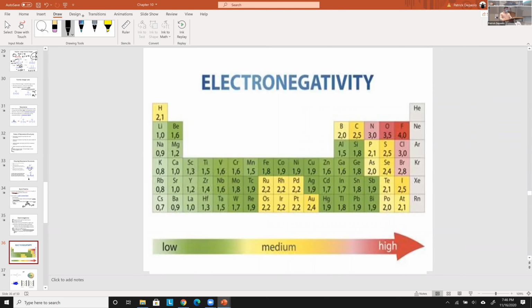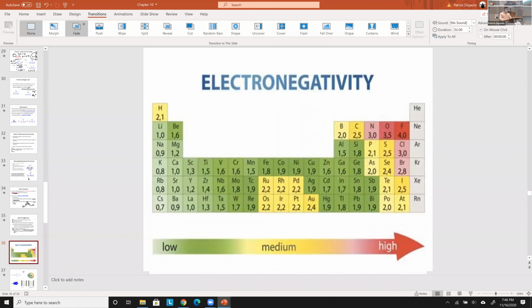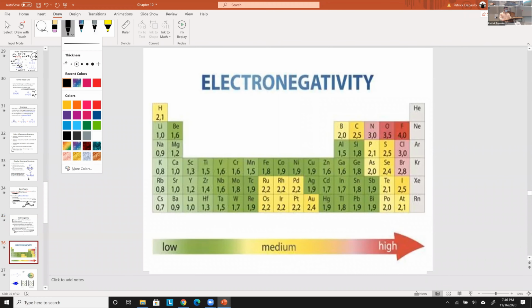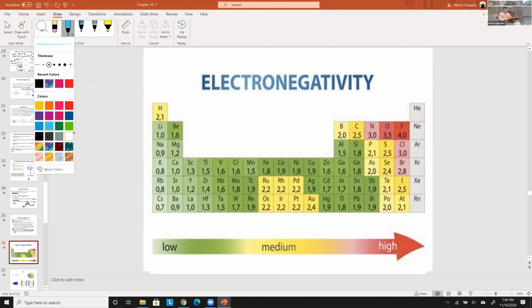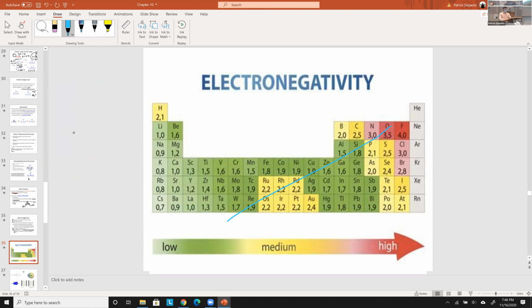And the trend I will draw goes up to the right like that, diagonal. Generally, I mean, there's some transition metals that are wacky, but generally it goes up to the right. And hydrogen's over here, it's a little bit higher than the other ones on the left because it's a non-metal, but generally it goes to the right.